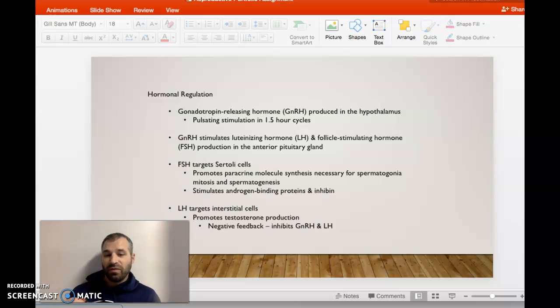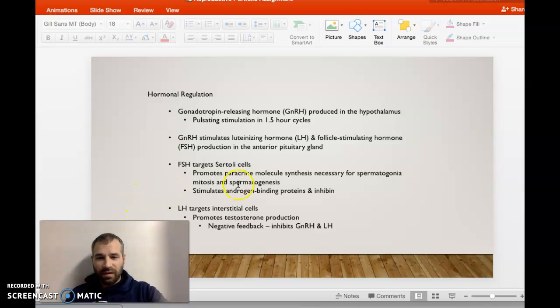On the luteinizing hormone side of the regulation, LH will target interstitial Leydig cells, and these cells, as we all know, produce testosterone, a hormone. As the testosterone levels rise, they provide negative feedback back to the hypothalamus, thus inhibiting GnRH.